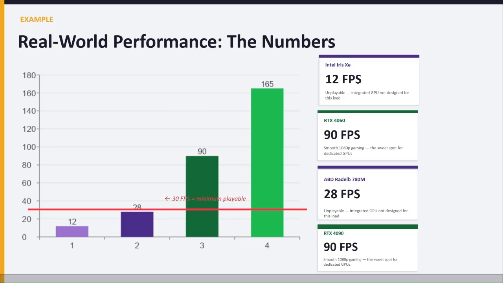We have the AMD Radeon 28, which is also an integrated GPU, and we have the RTX 460, which gives us 90 FPS. This is a perfect amount for games generally, and we have the RTX 490, which has a performance of 165 frames per second.